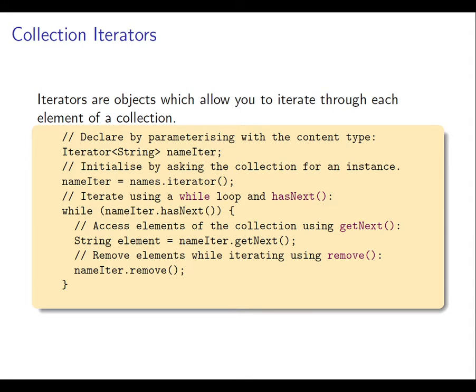And we can do some stuff with element if we wish. Another thing we can do is ask the name iterator to remove the current element, and so on. There's lots more that you can do with iterators. You can look that up, but that's just scratching the surface of what we're going to do here.